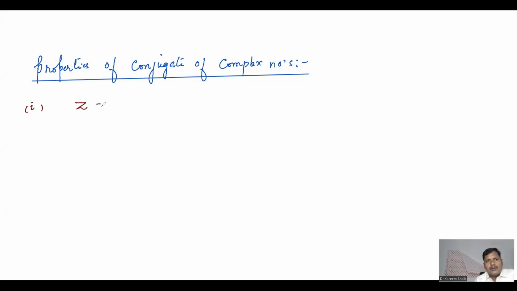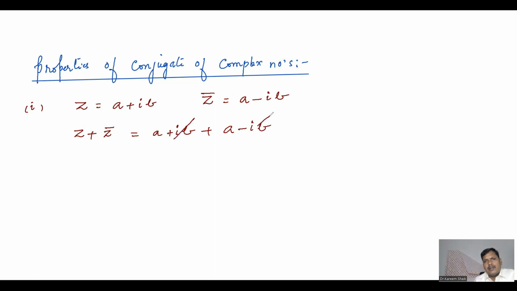Suppose z equals a plus iota b. Then you know what z bar is: a minus iota b. We wish to find z plus z bar. z is a plus iota b, plus z bar is a minus iota b. Can I cancel positive and negative iota b? What you got? 2a.